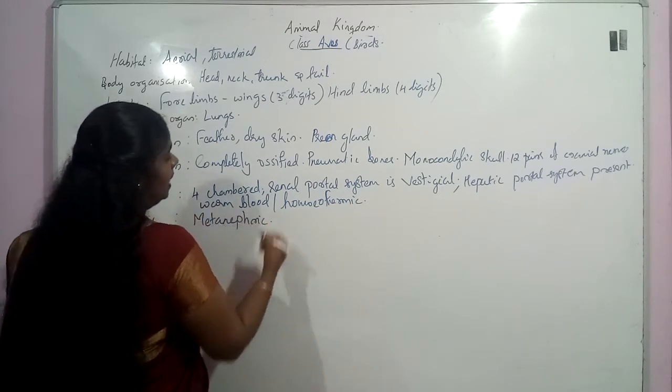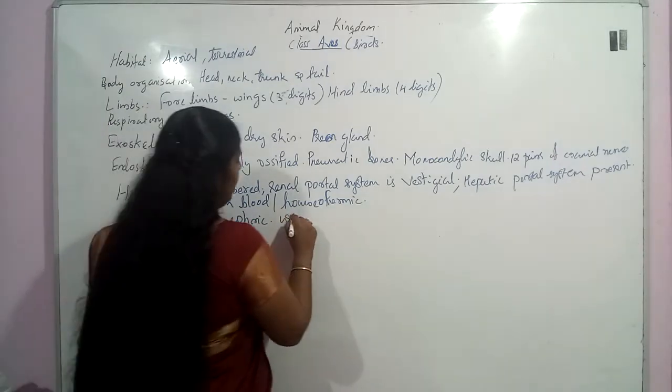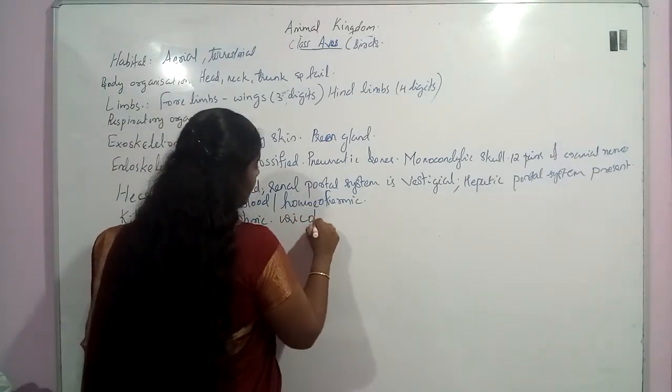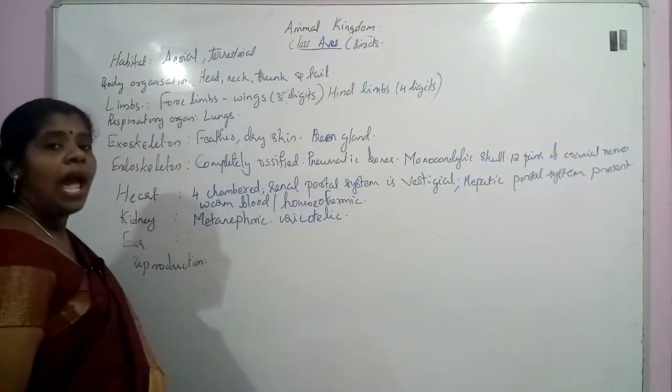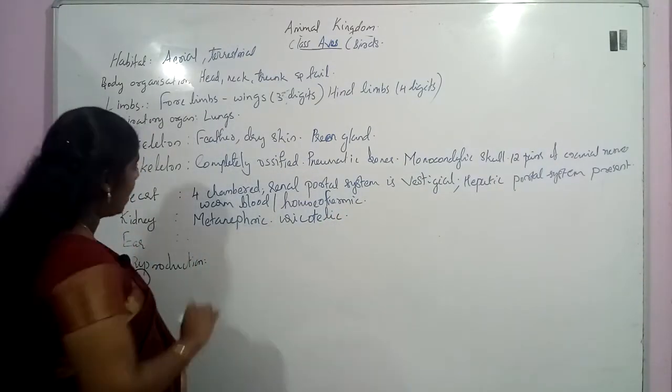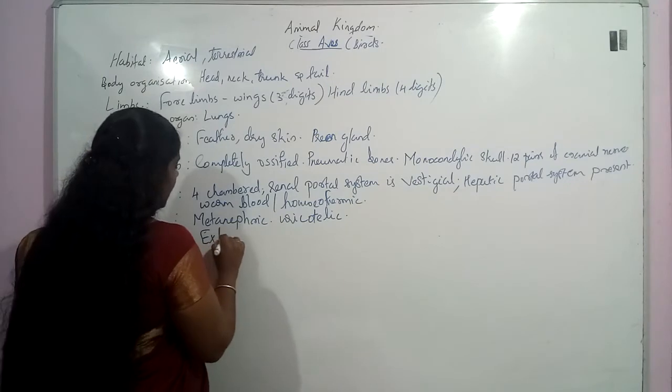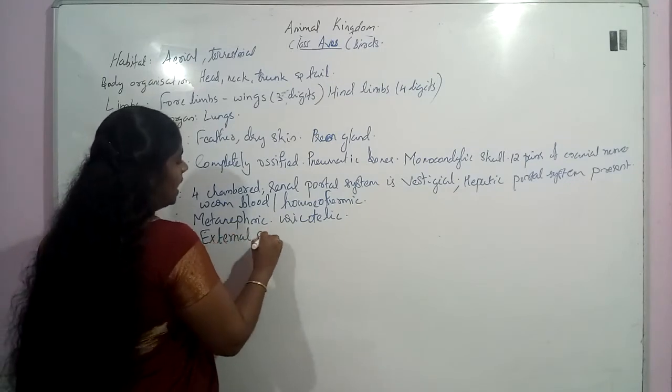And they eliminate uric acid. Their excretory waste is uric acid, so we call them uricotelic organisms. And they have an external ear. External ear is present in this group of organisms.